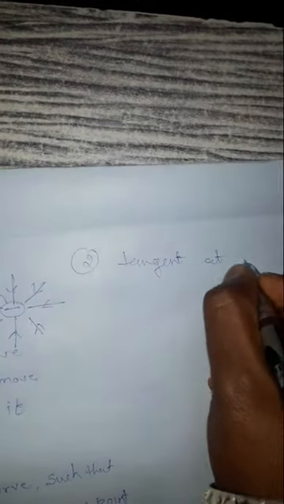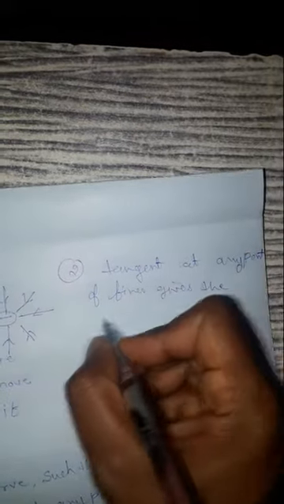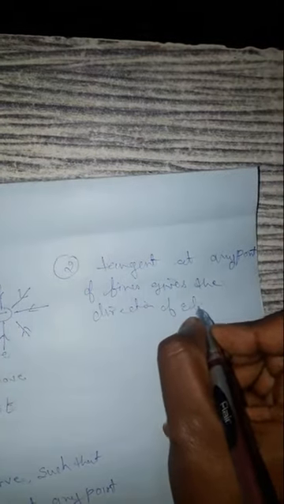The second property is that the tangent at any point of a field line gives the direction of electric field.